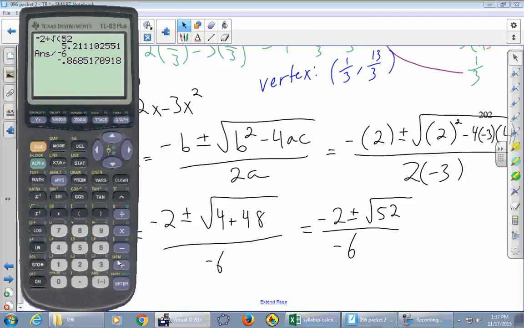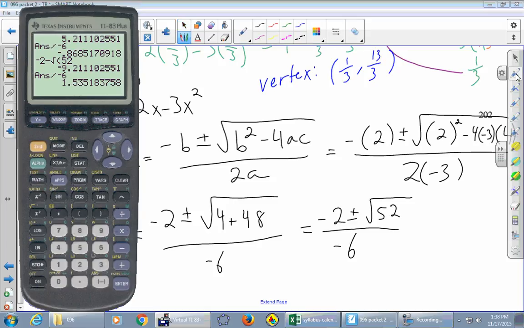Okay, and then we'll do the same thing, but -2 minus root 52, and divide by the -6. There's our second answer. So we said -0.87 and 1.5, what? 4? We'll round that 3 up.